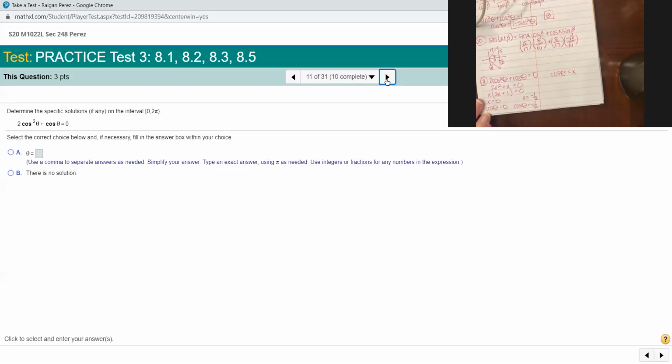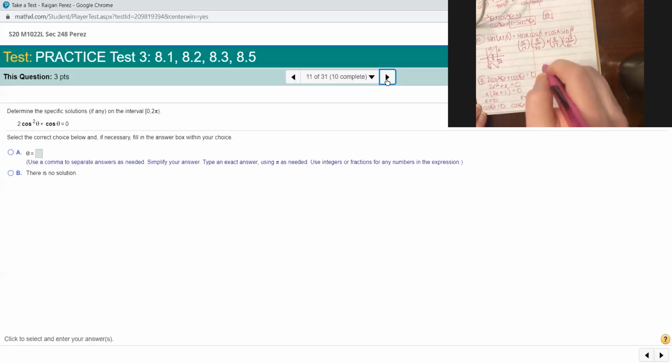Okay, so let's start with this one. And I'm kind of out of paper room. Let's see if I can squeeze it in there. So cosine is 0. Cosine is the same thing as x. So where does x equal 0? That's here and here. So my first ones are pi over 2 and 3 pi over 2. So that's 2 solutions. Then where does cosine equal negative 1/2?